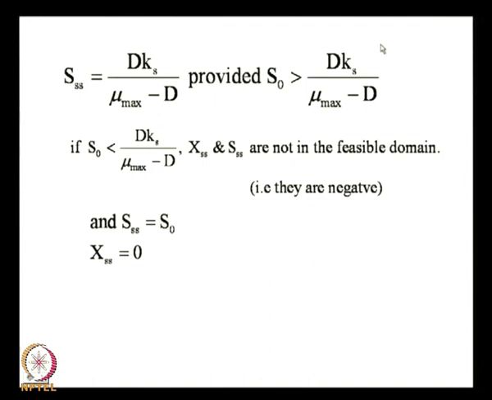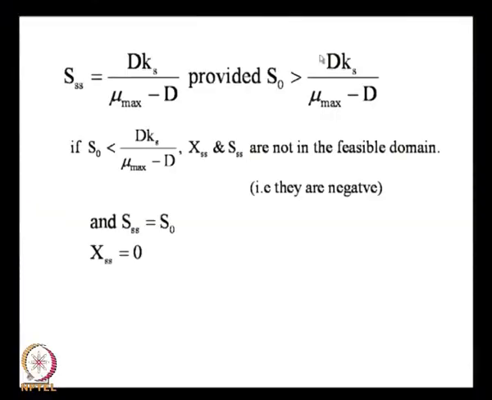One is that the dilution rate D has to be less than mu max, in other words the residence time, which is 1 over the dilution rate, has to be greater than 1 over mu max. The second is that S naught, the concentration of substrate in the feed, has to be greater than D Ks over mu max minus D. Both of these criteria have to be satisfied in order to produce cells, so that your XSS is greater than 0.